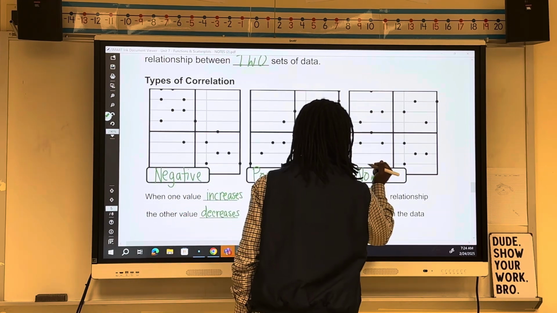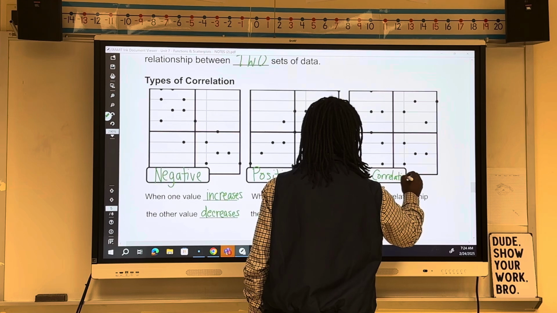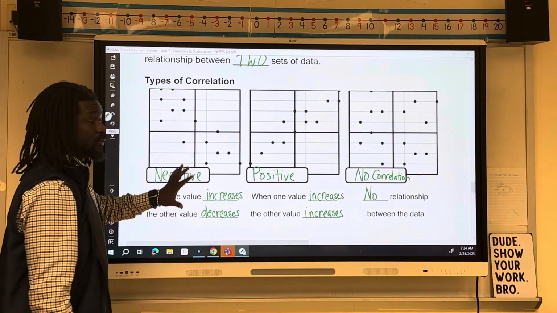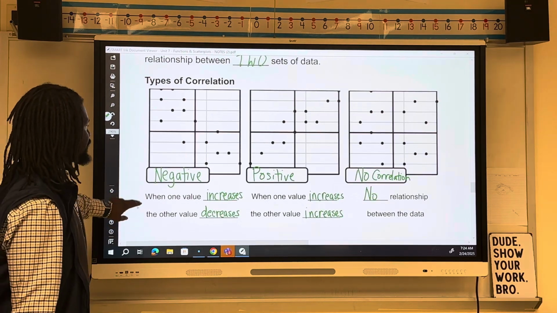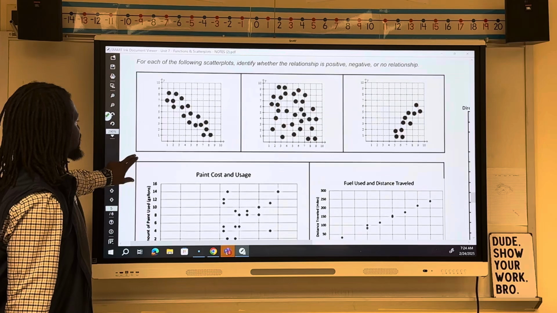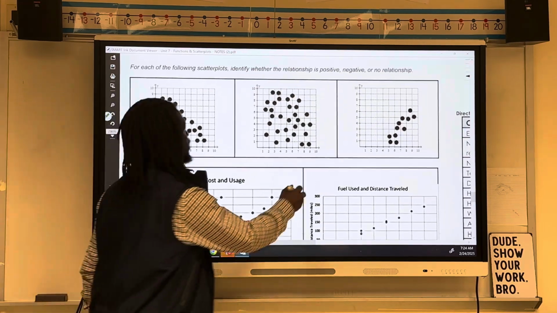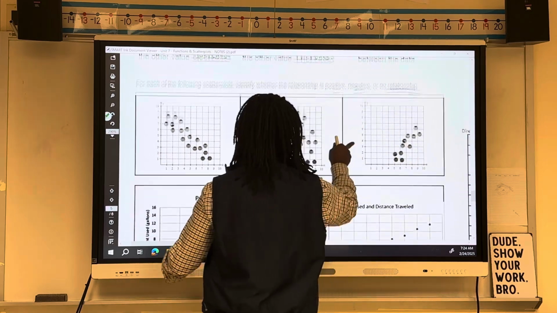We'll say no correlation. Okay, so those are the three types of correlations that you might find in a scatter plot, okay? All right, it says no relationship. So no correlation, no relationship, either one, all right?